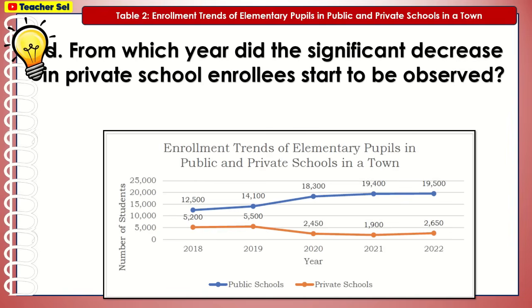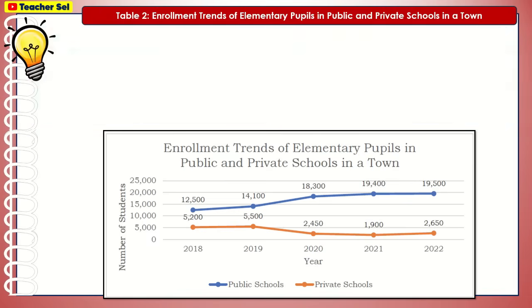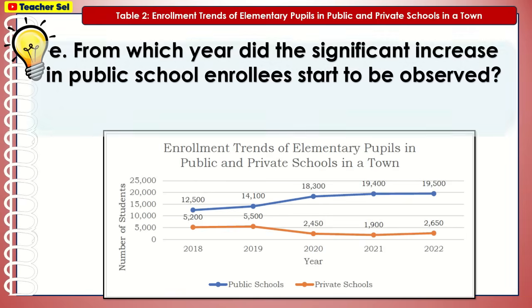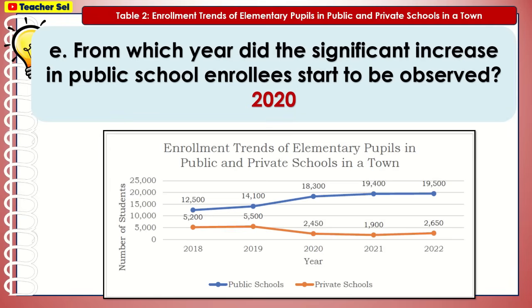From which year did the significant decrease in private school enrollees start to be observed? 2020. From which year did the significant increase in public school enrollees start to be observed? 2020.